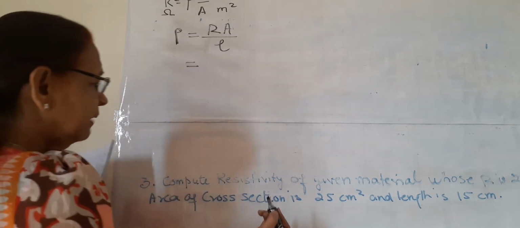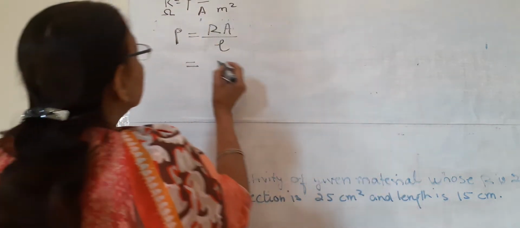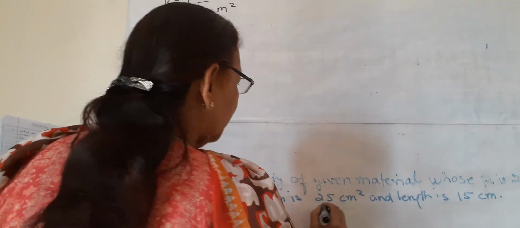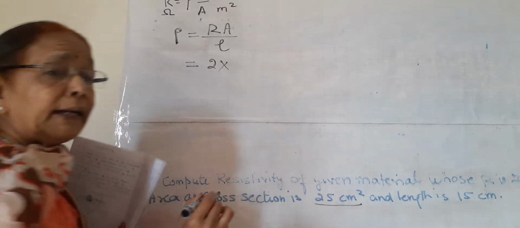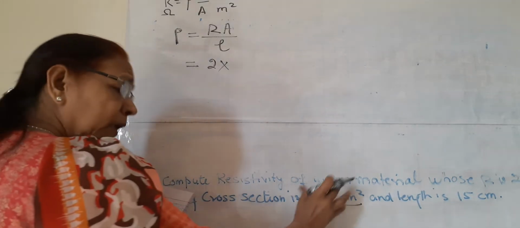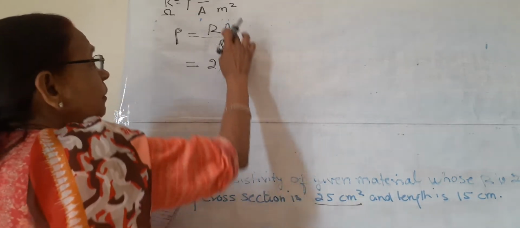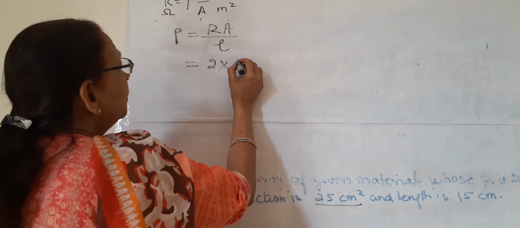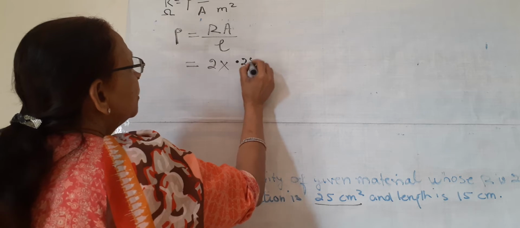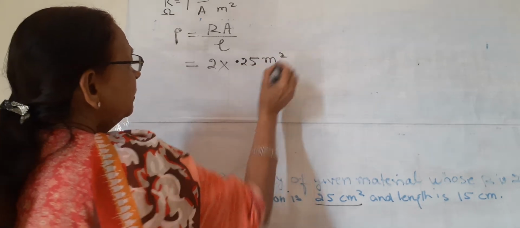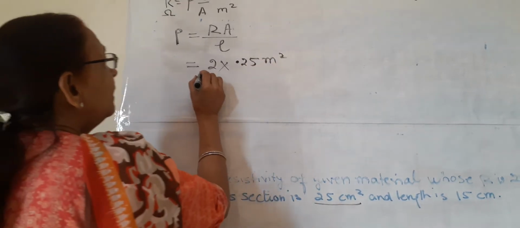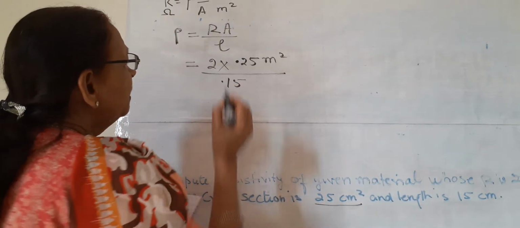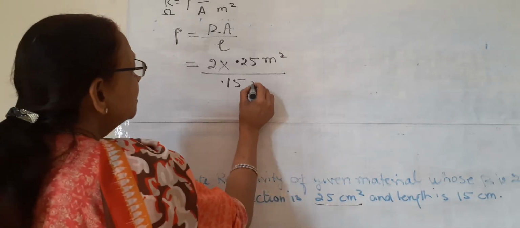So R is what is given? R is 2 ohm. Here area is given, not radius or diameter. So we will write this, it is 25 centimeter square, so it will be 0.25 meter square here, and length is 15 centimeters, so it will be 0.15 if it is in meters.